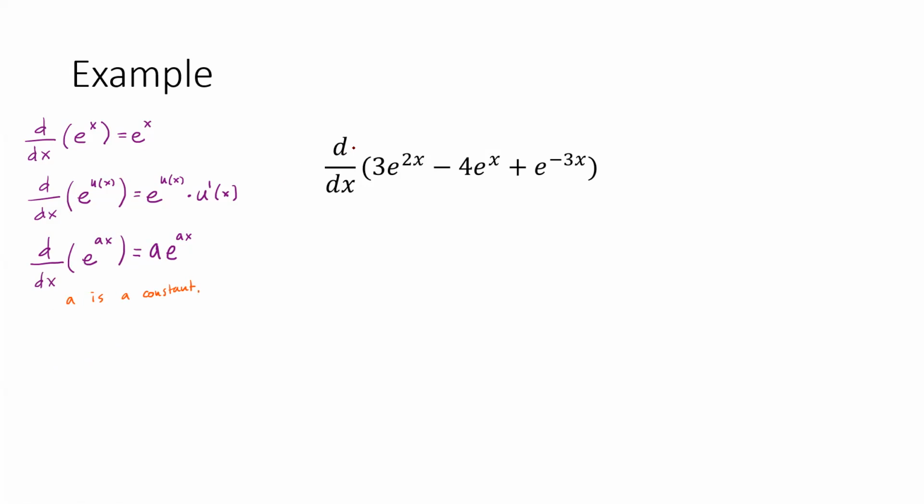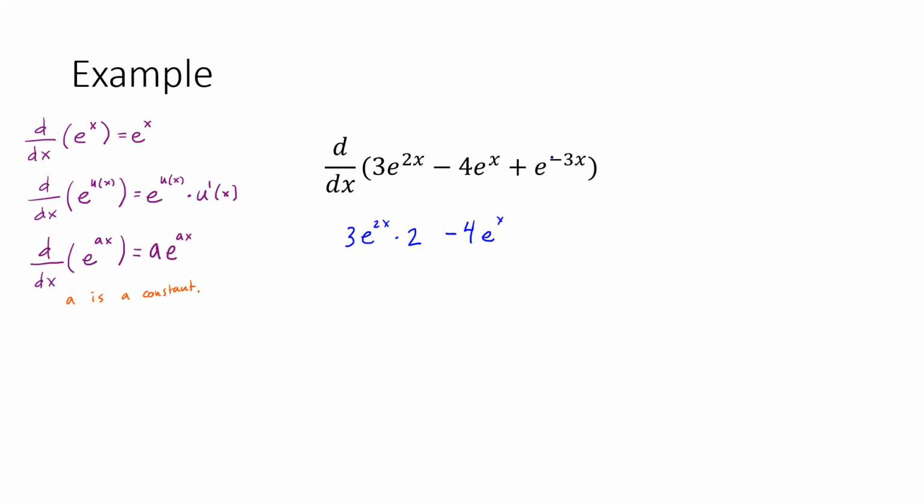So with that in mind, the derivative of 3e to the 2x will just be 3e to the 2x times the derivative of 2x, which is 2. Minus 4e to the x is just 4e to the x, right? The derivative of e to the x is just e to the x.